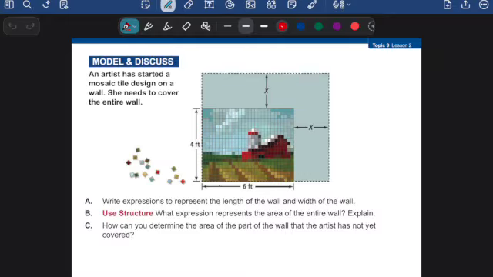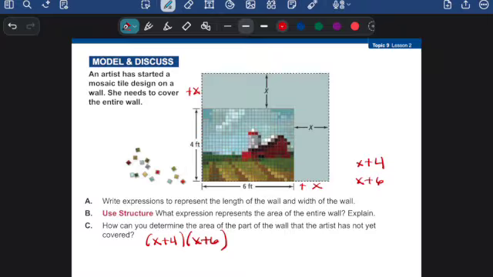The length is going to be 6 plus this x right here, and the width is going to be 4 plus this x there. So there are the expressions for the length and the width, and we can then multiply those two dimensions to get the area of the whole wall.